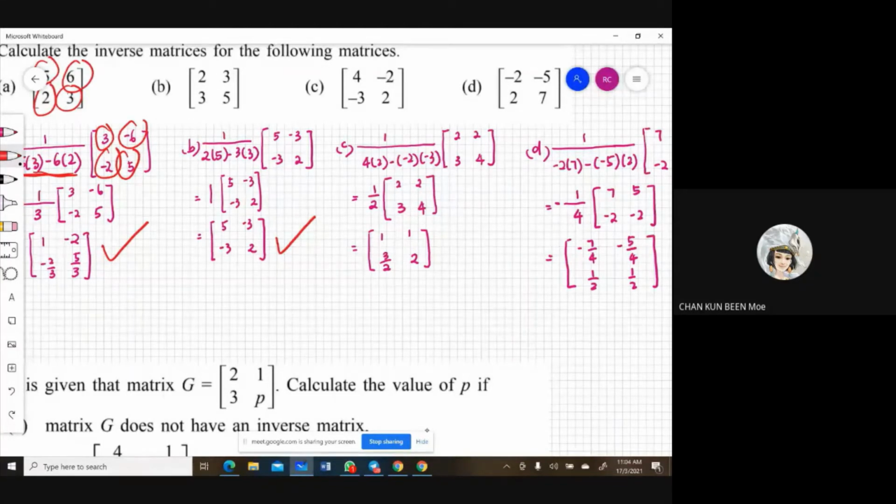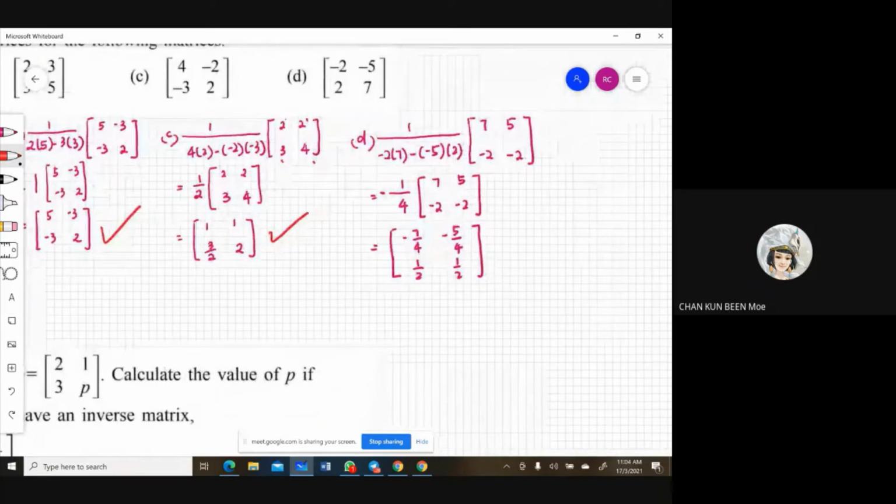And then from the formula, D and negative B, and then negative C, A. So you get 1, 1, 3 over 2, 2. For question D, the answer here, you check: negative 7 over 4, negative 5 over 4, half and a half.